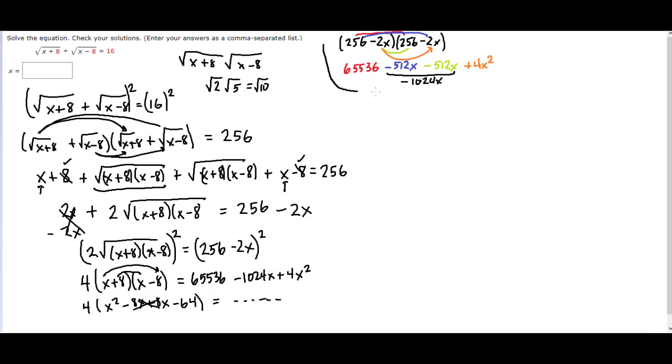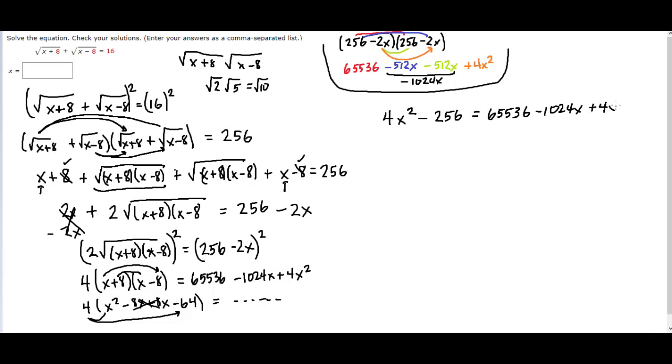So now let's come back up over here and continue this problem. I have 4 times x squared minus 64. So I'm going to distribute that 4 down here. 4 times x squared, 4 times negative 64. So 4 times x squared is 4x squared. 4 times negative 64 is negative 256. And then on the right hand side I have all of that expression there that I got when I FOILed that binomial.